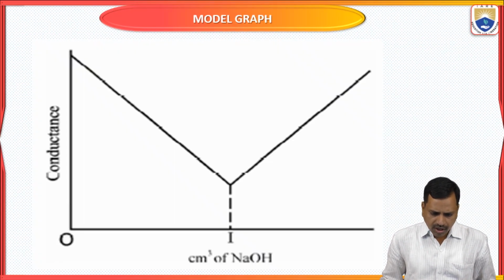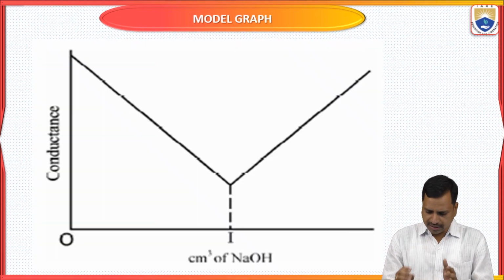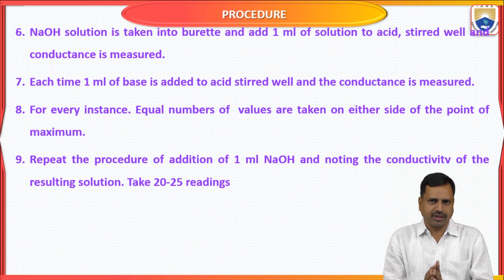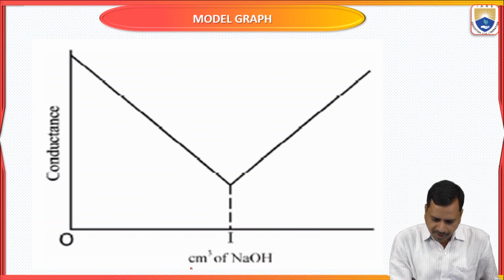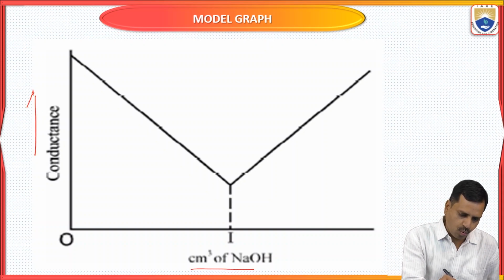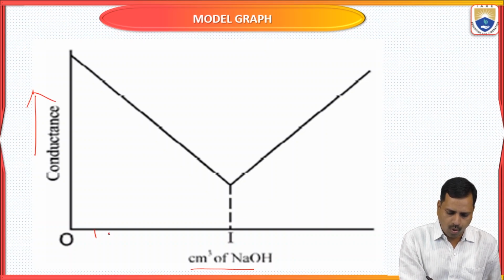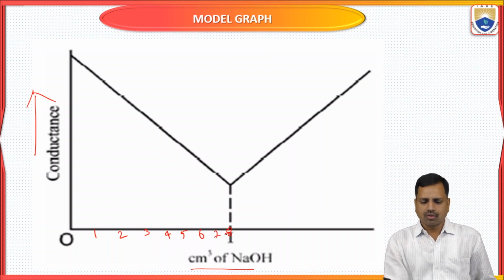After taking 15 to 20 readings, now you make a graph: volume of NaOH on the x-axis, conductivity on the y-axis. Suppose this is 1 ml, 2 ml, 3 ml, 4 ml, 5 ml, 6 ml, 7, and this is 8.